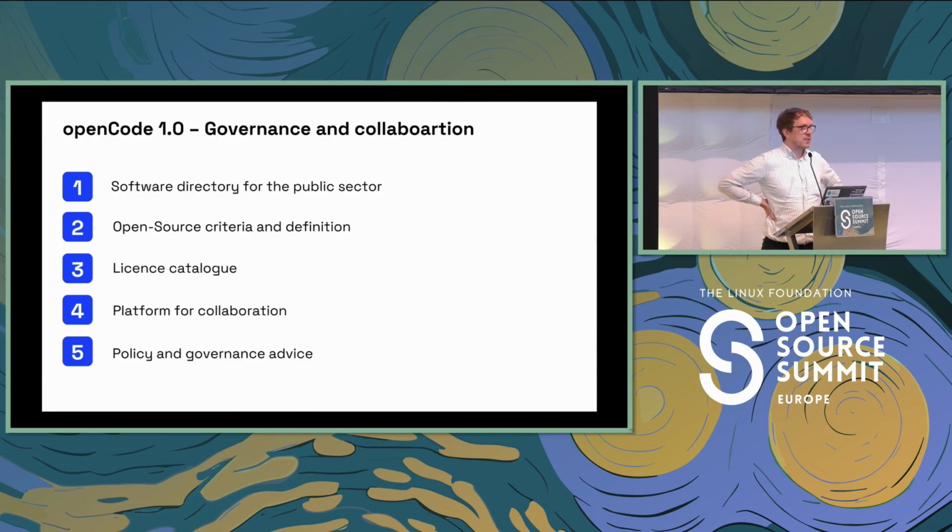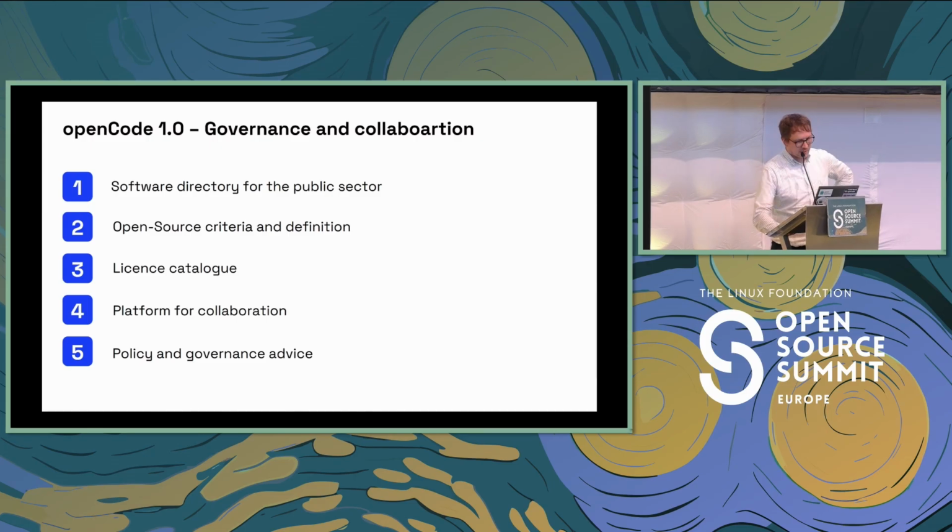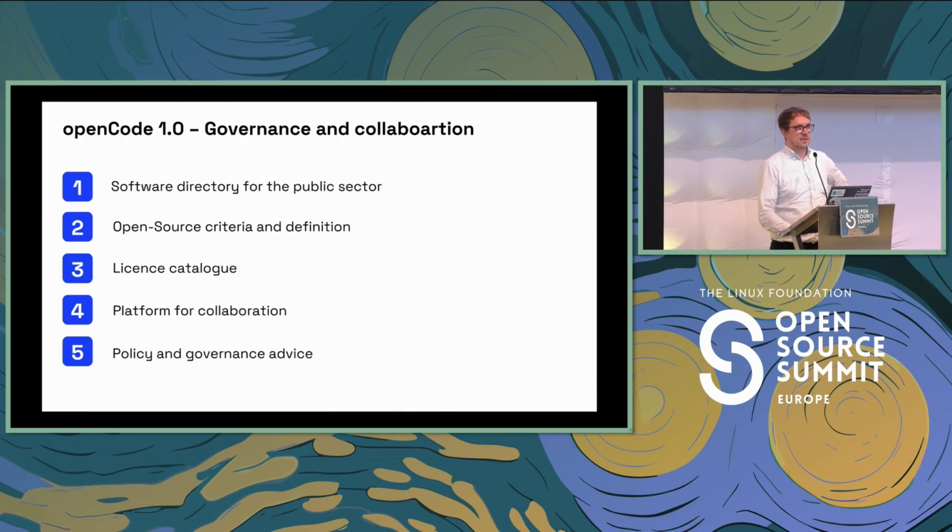So OpenCode has an allow list of open source licenses, which we legally checked and marked as under the terms and the criteria for open source of the OCI, a solution that public sector can procure and proceed with. And then all around platform for collaboration and policy and governance advisors.